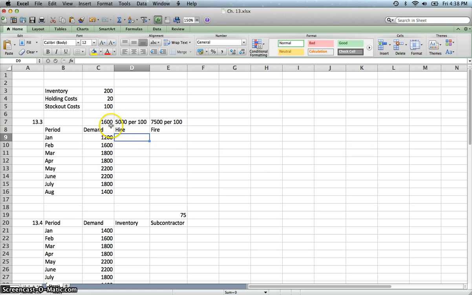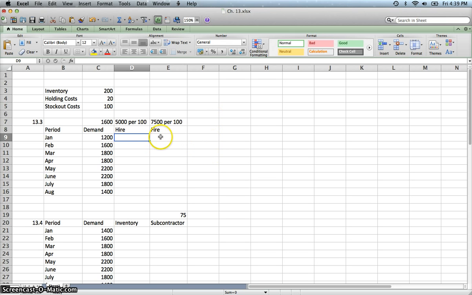And so using up all of that inventory, I now have to reduce my staff from 1,600 production level down to 1,200, because I only have to produce 1,200 since I am using 200 from inventory to meet some of that demand in January.